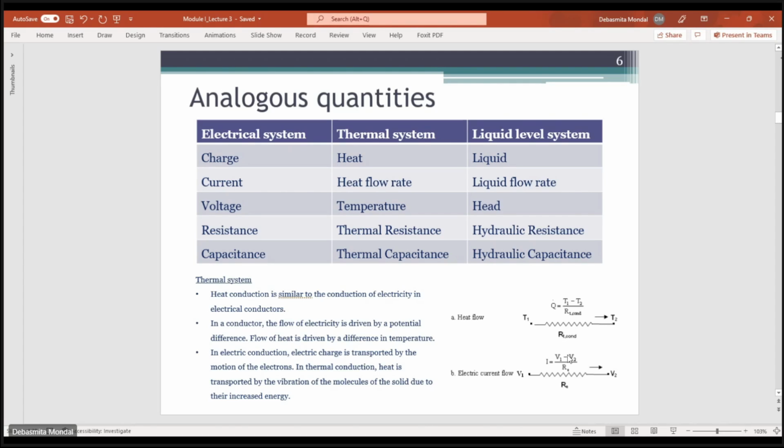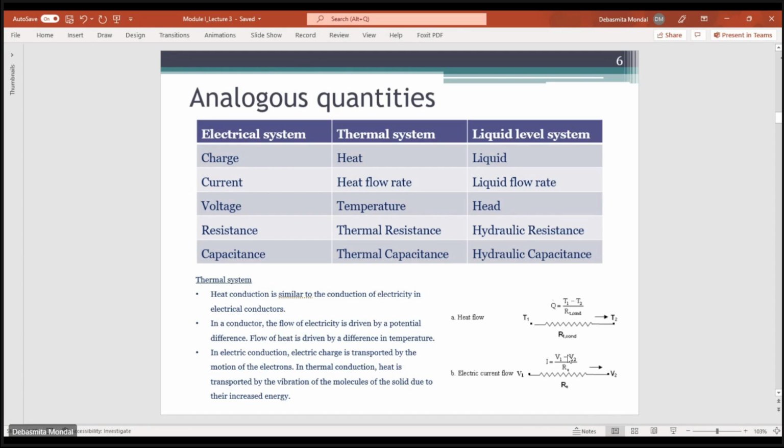Similarly, the rate of change of heat, the heat flow rate, is equivalent to current, and for a liquid level system the rate of flow of liquid is equivalent to current. Voltage is equivalent to temperature here, and in a liquid level system voltage is equivalent to the overall head, because if you have two tanks, one with a higher head H1 and the second with a lower head H2, then because of that head difference there will be a liquid flow between the two tanks.